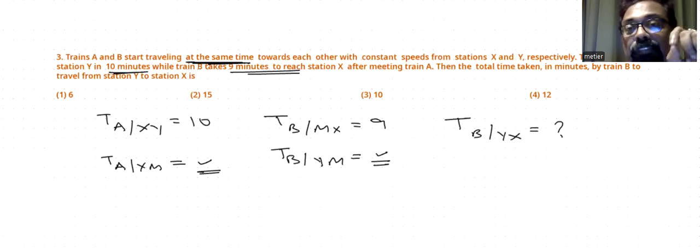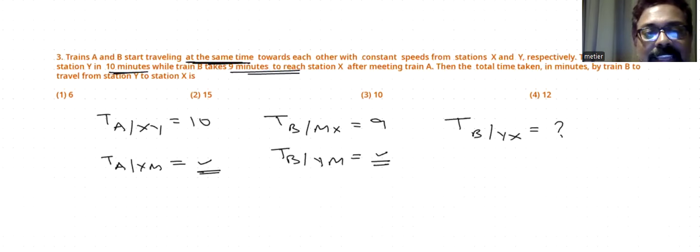But in this case, after meeting, the distance may not be the same for both trains. If the distance after meeting were the same, the distance before meeting would be the same, meaning the trains would have equal speeds. But that is not always necessarily true. So better go with this ratio concept from a different angle.